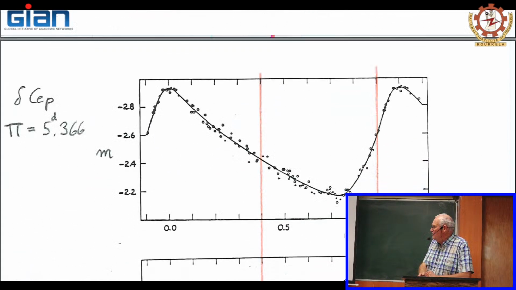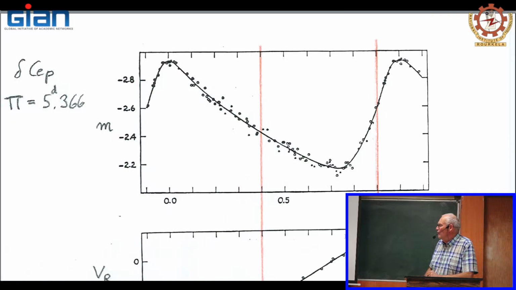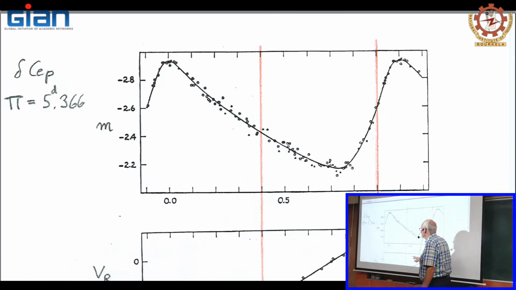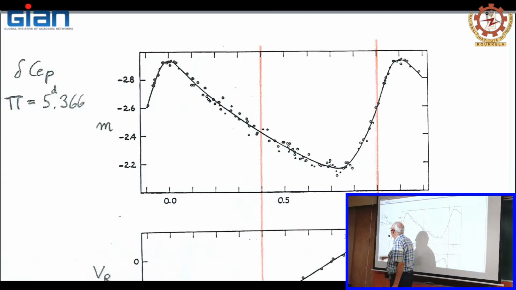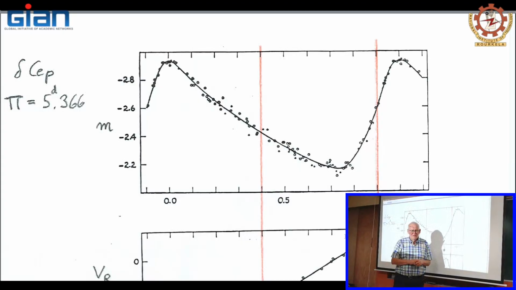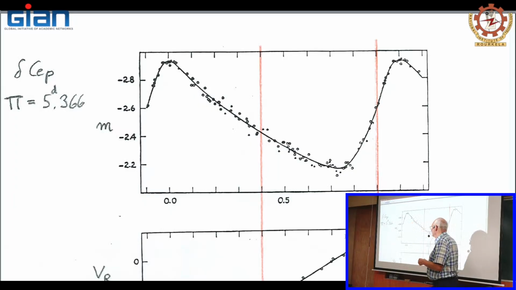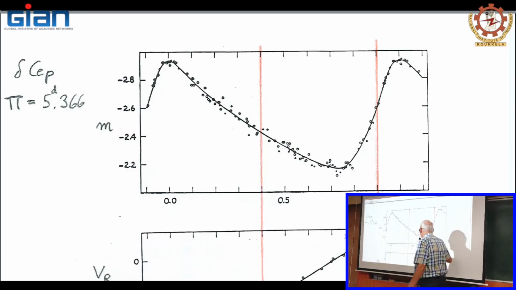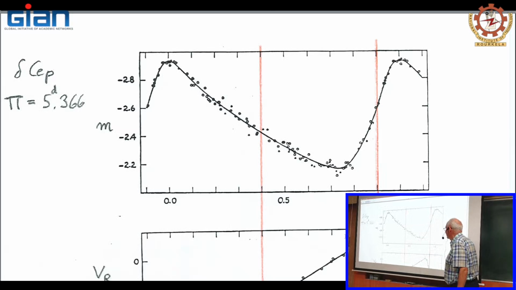We take delta Cephei as an example. So let's consider the light curve of delta Cephei here in the visual band. Delta Cephei has a period of 5.366 days, and what is given here is a function of the phase of the pulsation. So this interval denotes the phase of the pulsation.